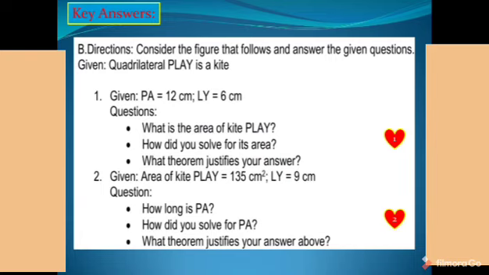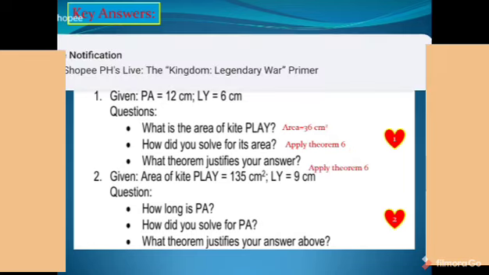And for letter B, exercise number 1, the answer is 36. Apply theorem number 6.